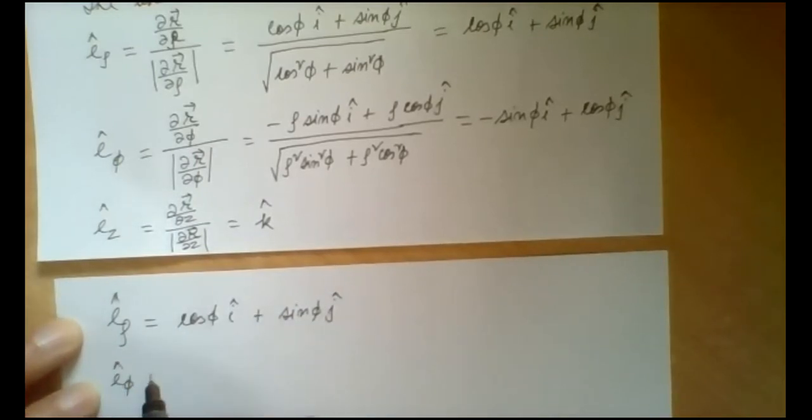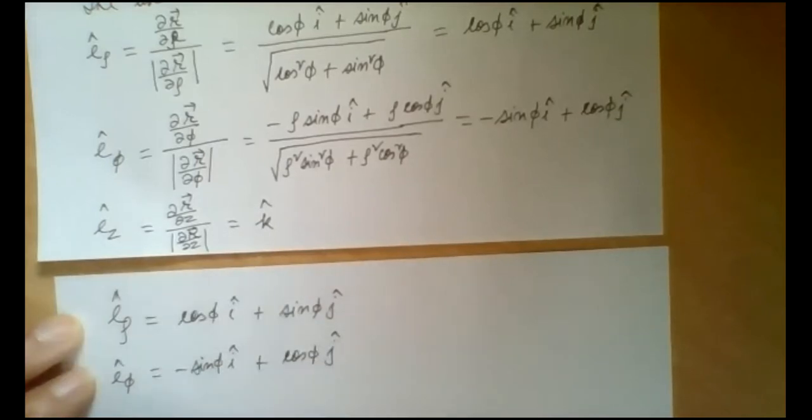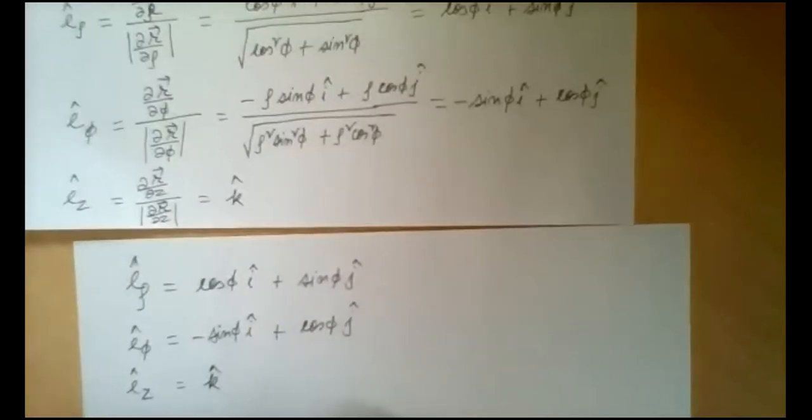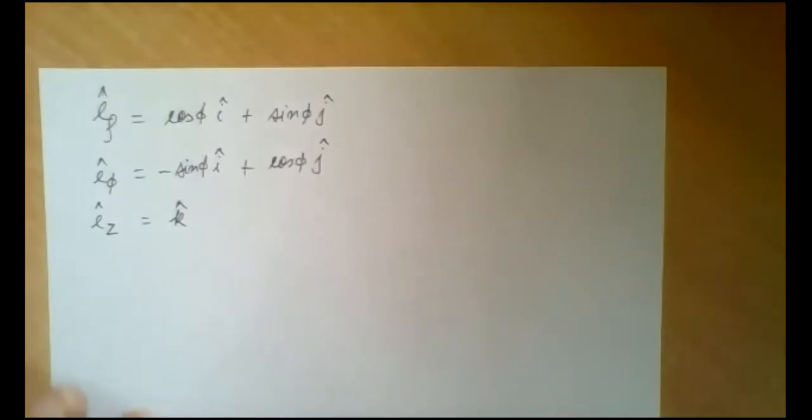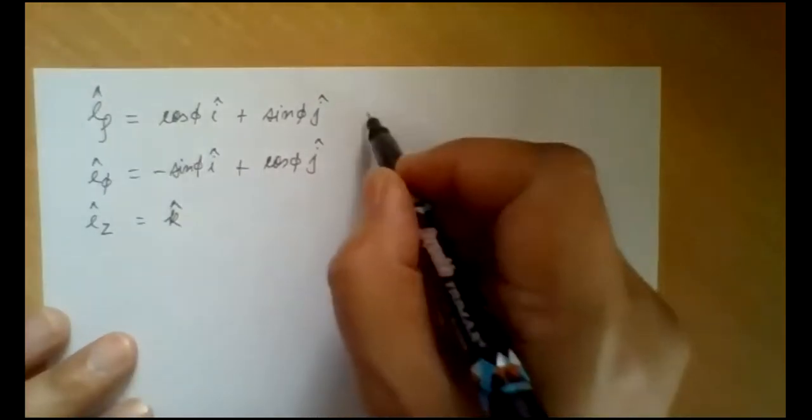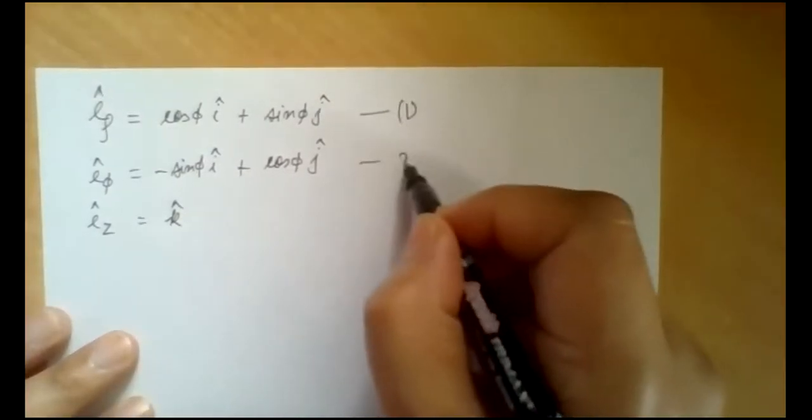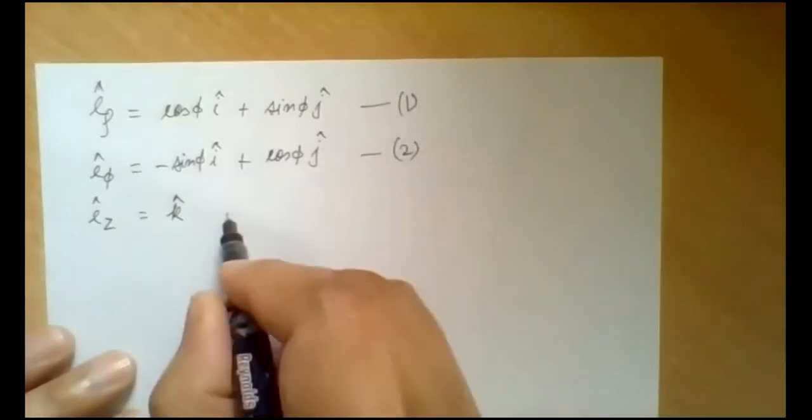E phi is minus sin phi i hat plus cos phi j hat, and Ez equals k hat. We call this equation number 1, equation number 2, and this is equation number 3.